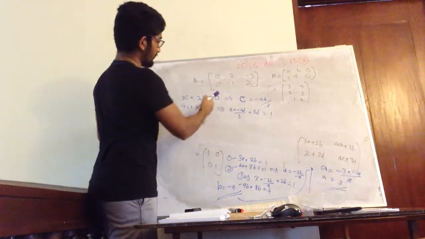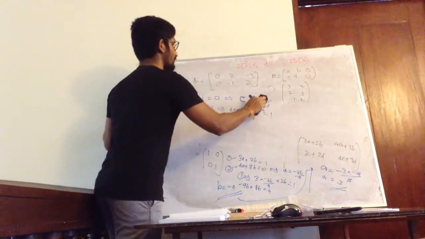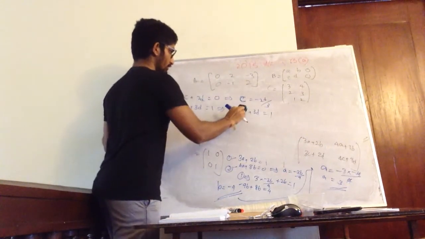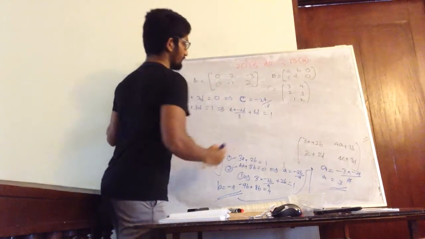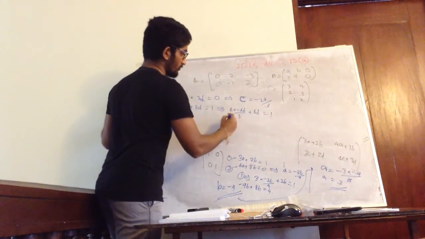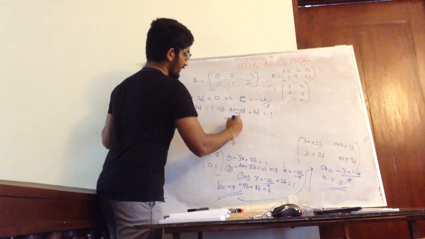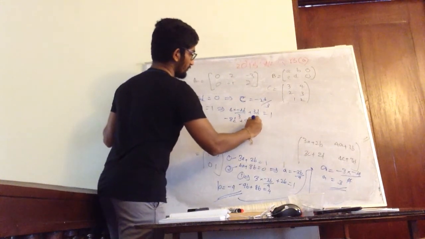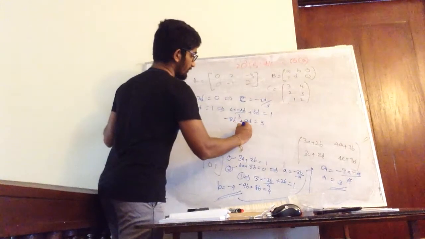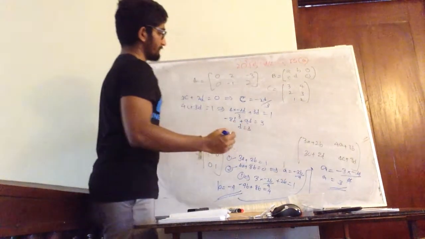I'm going to multiply by 3, so it's going to be minus 8D plus 9D equals 3, correct? So then D will be 3.